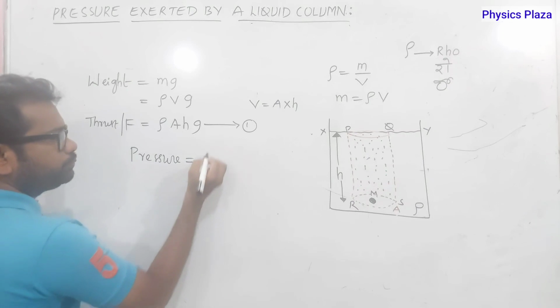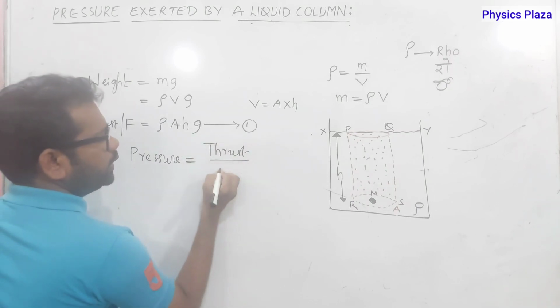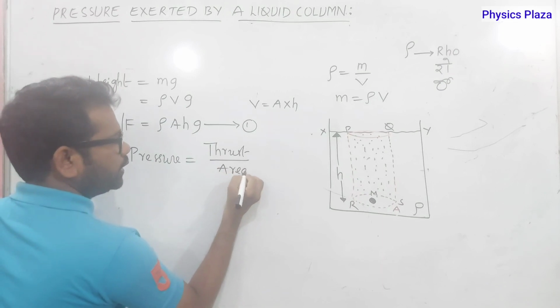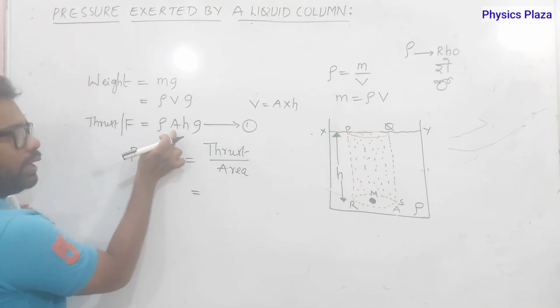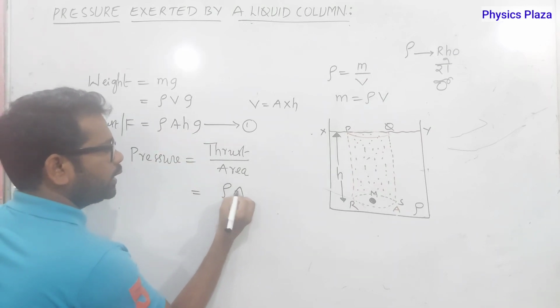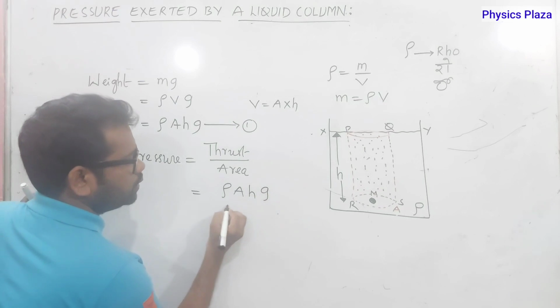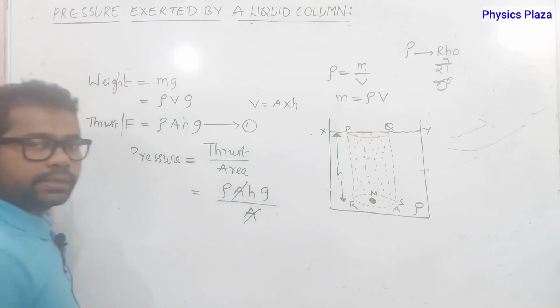Pressure is equal to thrust per area. Clear? Fine. So how much did we get for thrust? Rho A H g. Let us substitute here. Rho A H g by area, A cancels.